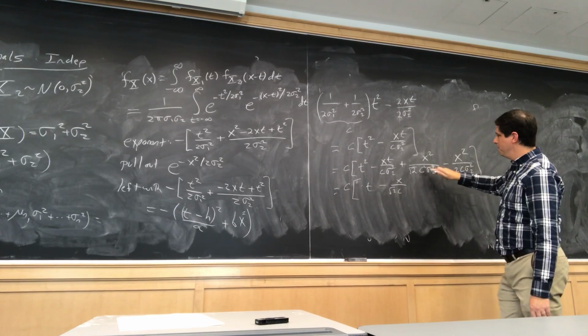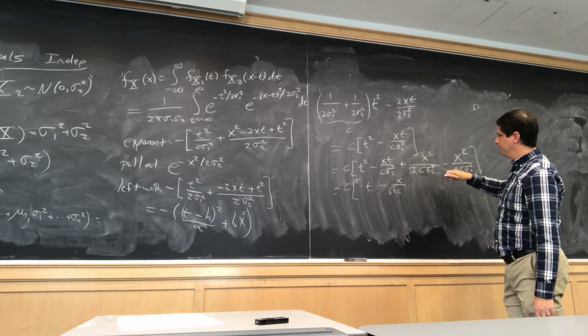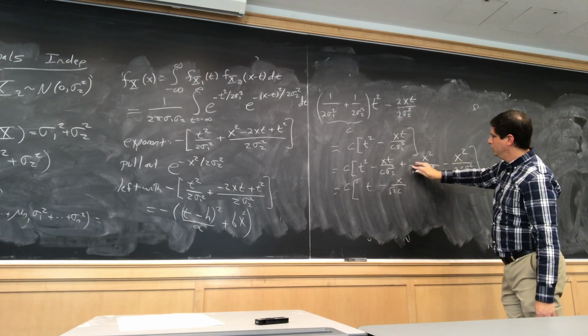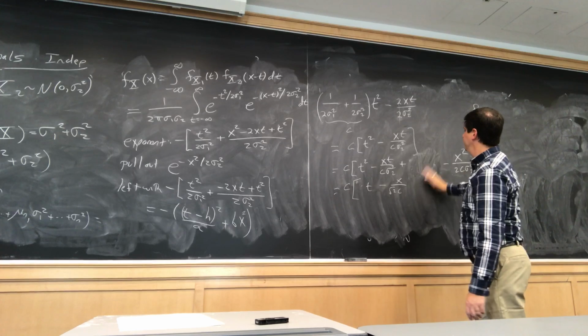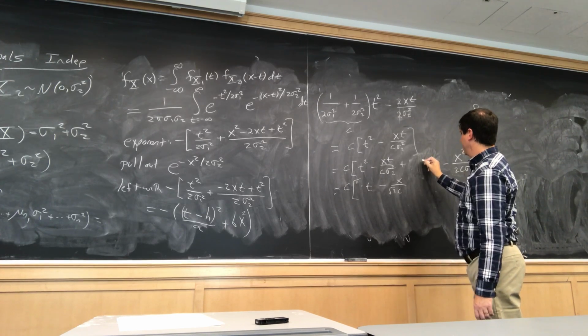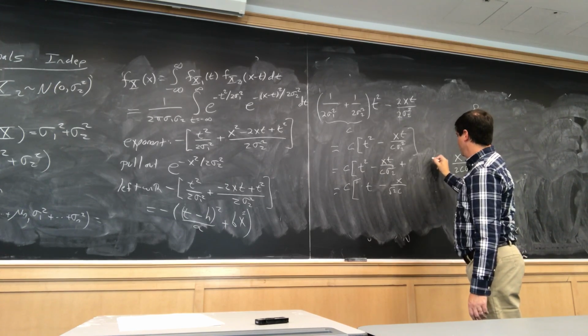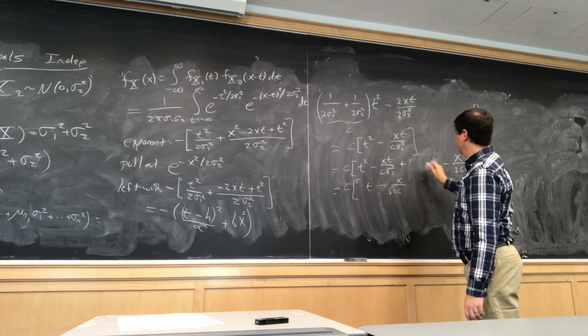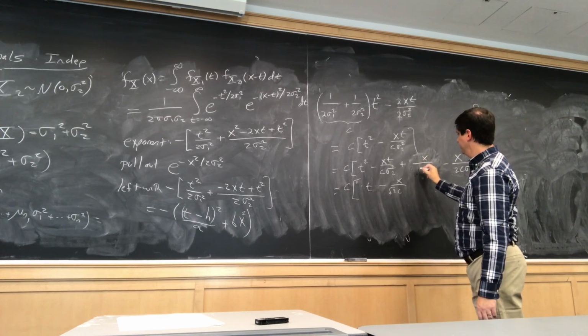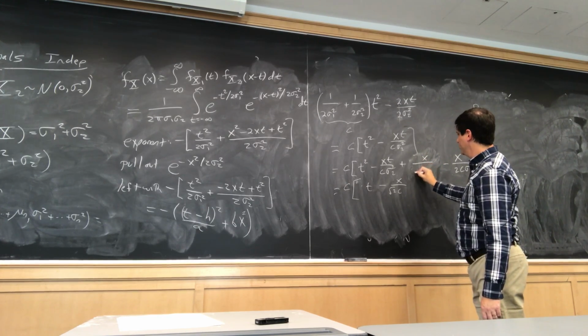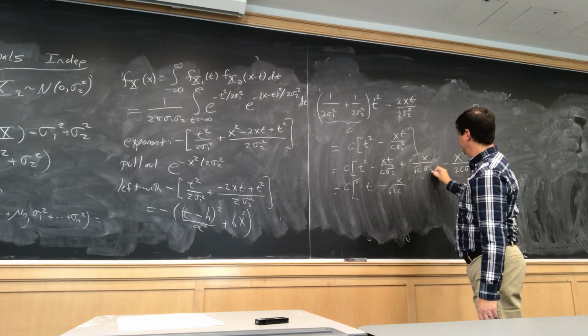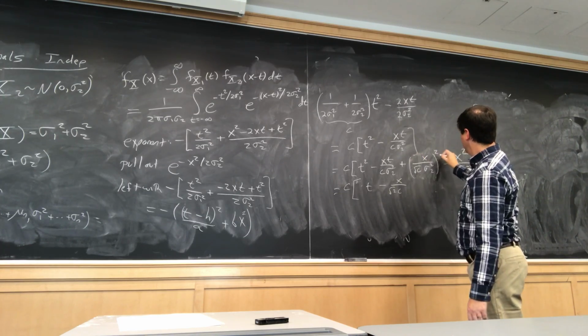So I think a better way to do this is to write it as x over square root of c, so sigma 2 squared t.